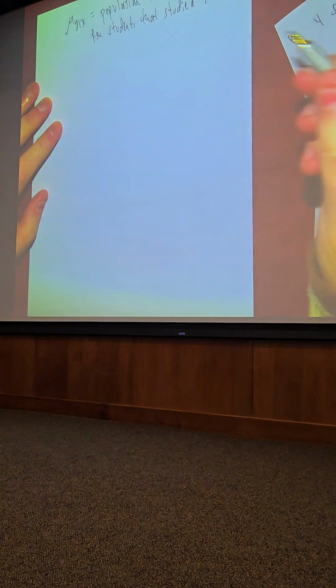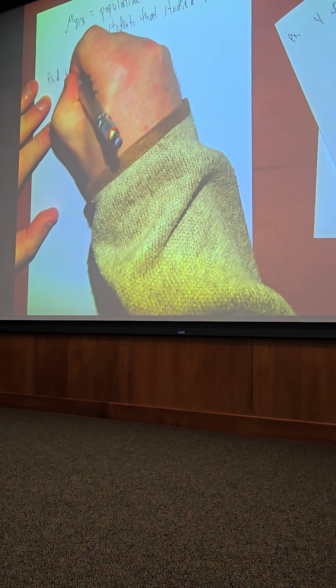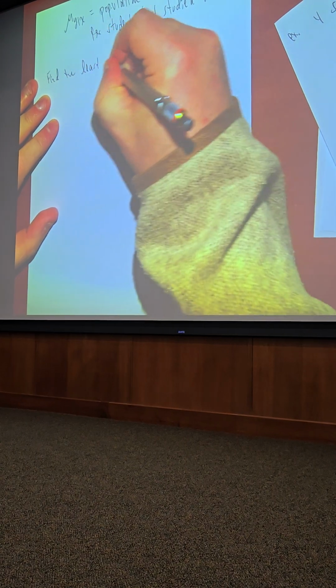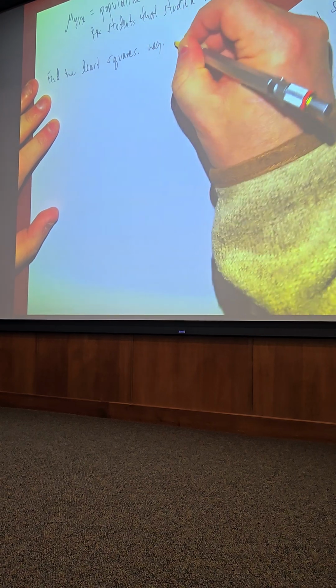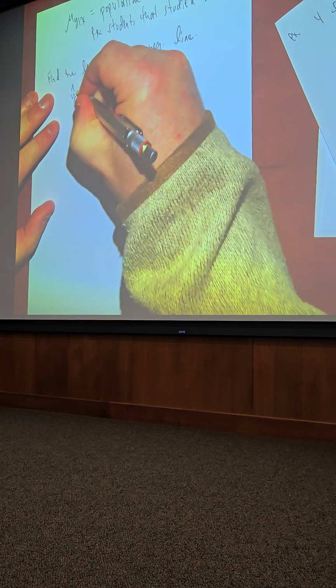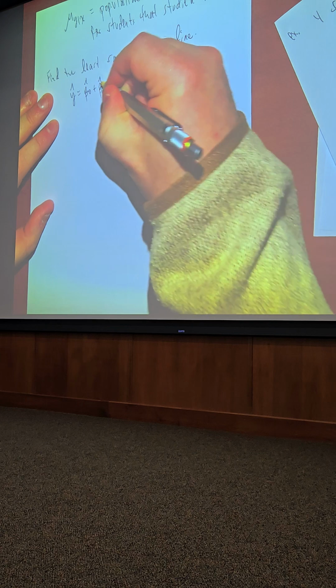So continue our example. I don't know what part this is. Let's find the least squares regression. Okay. So the least squares regression line is y hat is beta 0 hat plus beta 1 hat times x.